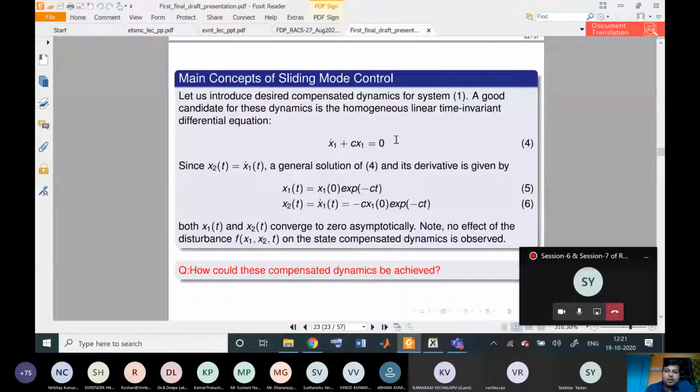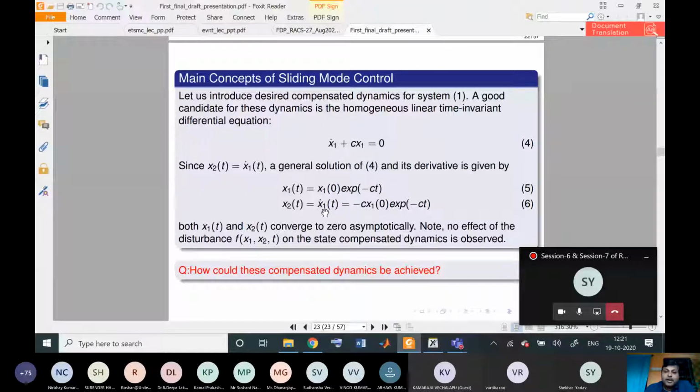We know from the assumption that x1 dot t is equal to x2 t. Now if we solve this equation, we find that x1 t will be simply x1(0) into e to the power minus ct, and x2 t will be x1 dot, the derivative of this.